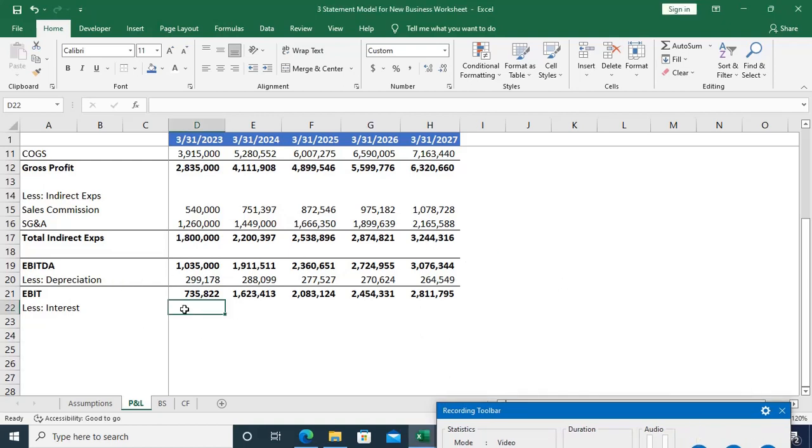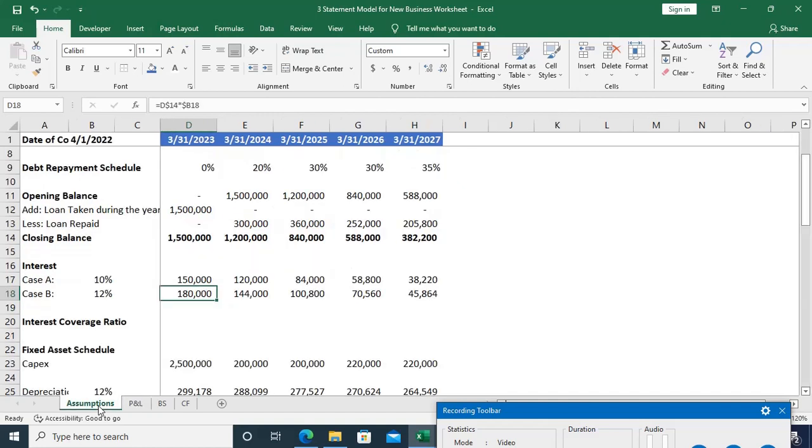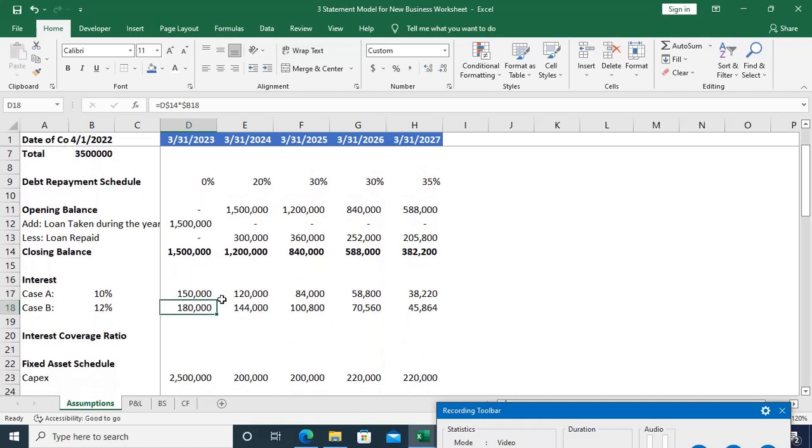About the interest, in our assumption sheet we actually didn't build anything significant, right? We just had this thing and we had the interest coverage ratio blank. Now we do have the EBIT amount, so we can definitely calculate this.